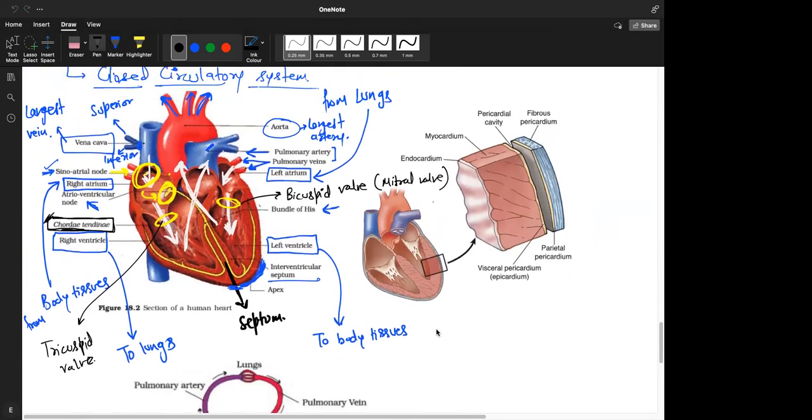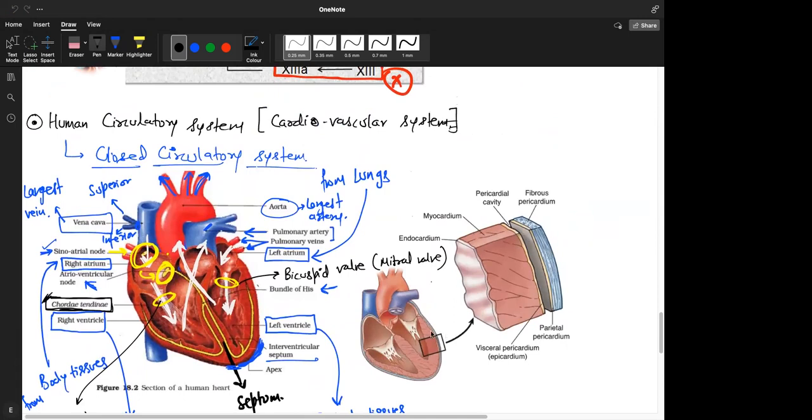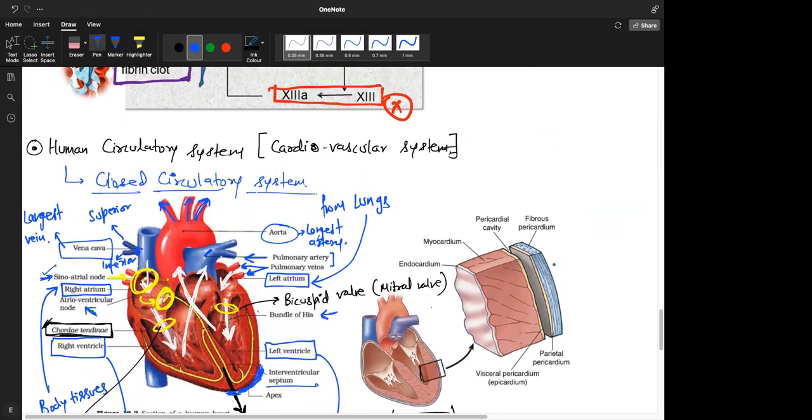It was very elaborate. Now, if we talk about the wall of the heart, you see here this is a heart, and this is a cross section of the wall. The outermost layer, this one, is fibrous in nature and is called fibrous pericardium. This is the outermost, I'm marking it as 1.